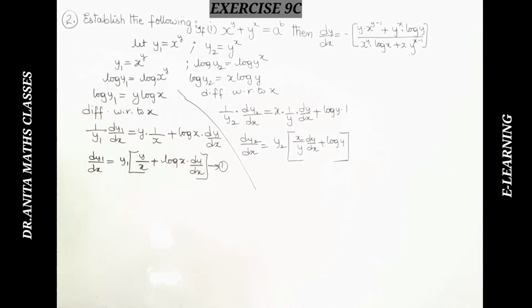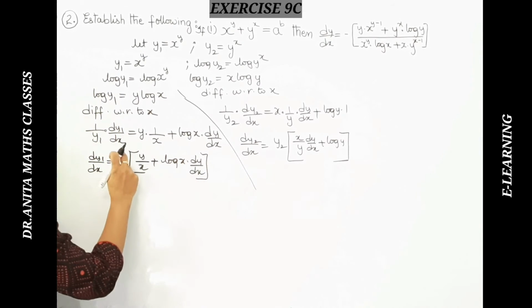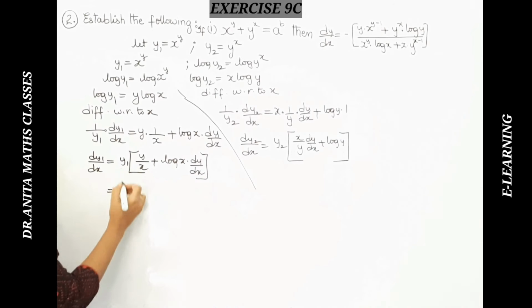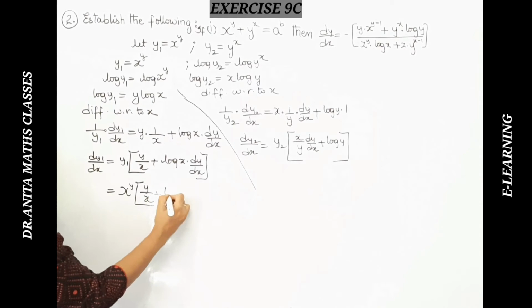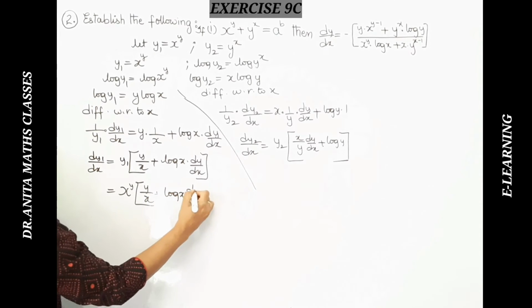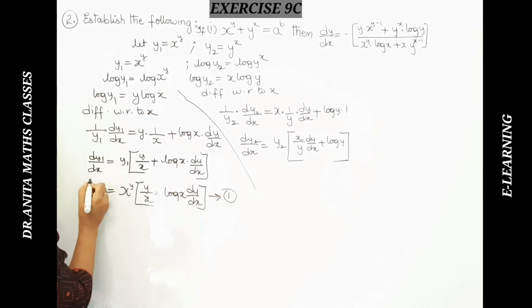Before writing equation 1, we can also substitute y1, which is just x raised to the power of y. So we will write this as equation 1, dy1 by dx.